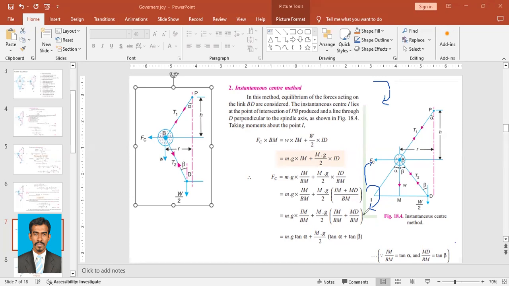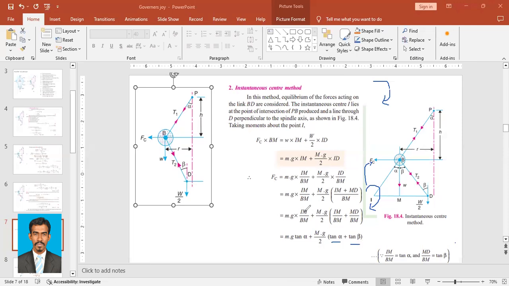Why do we do this? In order to bring in the angles. IM upon BM, opposite IM upon adjacent BM, can be considered as tan alpha. Then MD upon BM, opposite MD upon adjacent BM, is tan beta.